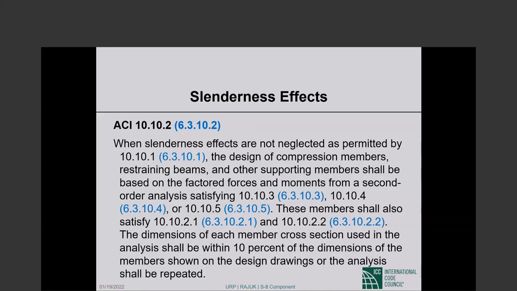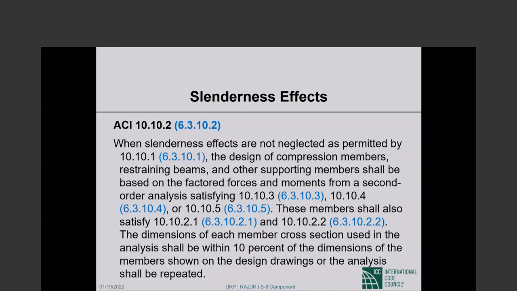So a couple of places something like that is said. So your analysis shall be done on columns that are on the design drawings. Okay, this is obviously important. Otherwise, you have gone someplace else.